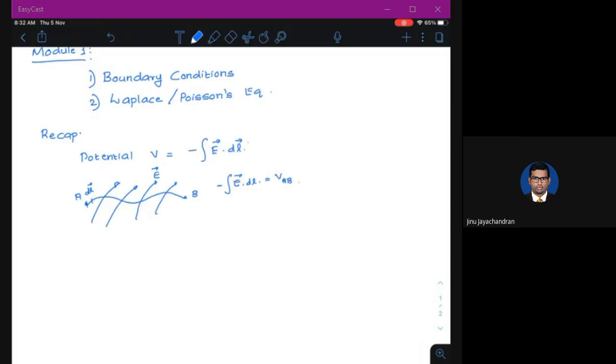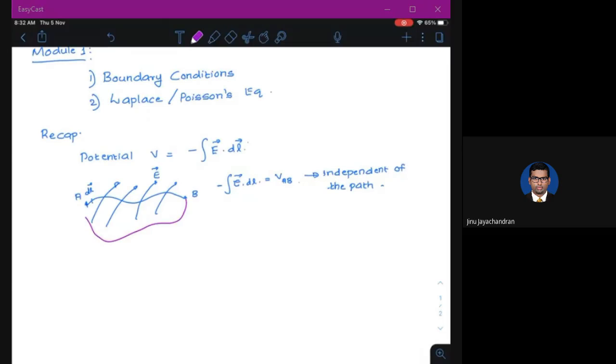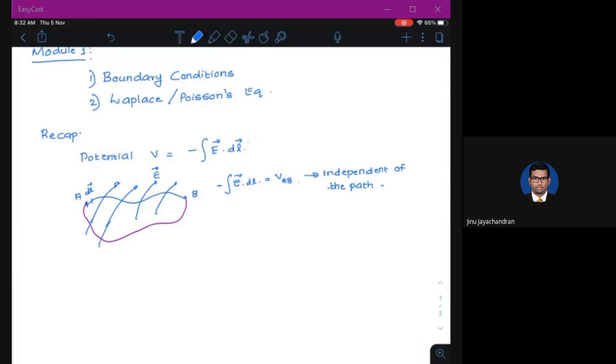And we also said that this is actually independent of the path. So if I form a closed path, something like this, I close this path. Okay, the electric field is still there, crossing the whole thing.